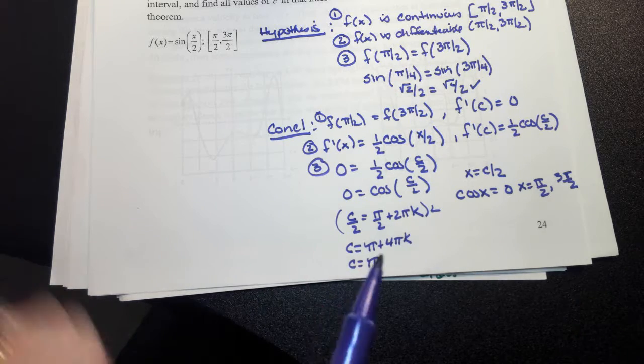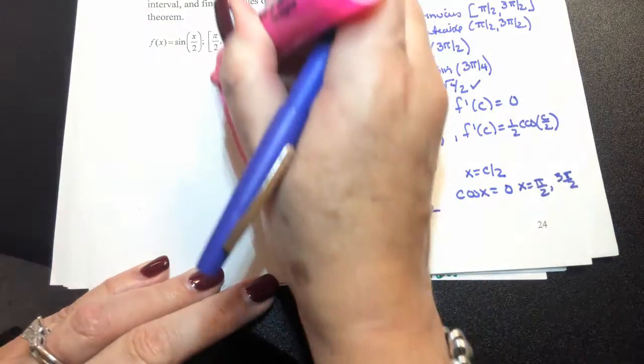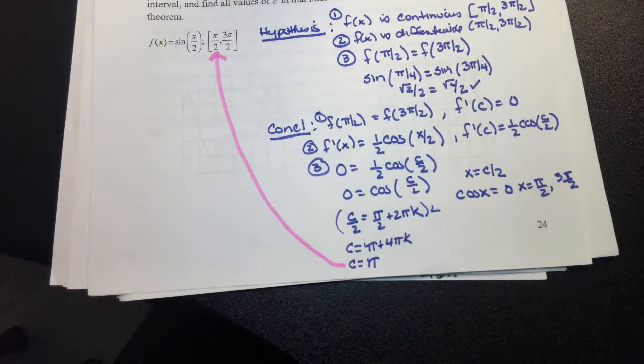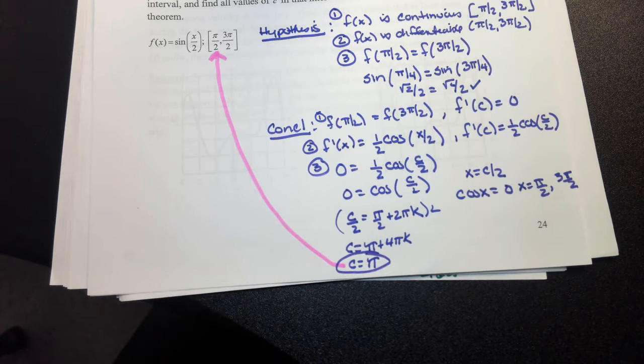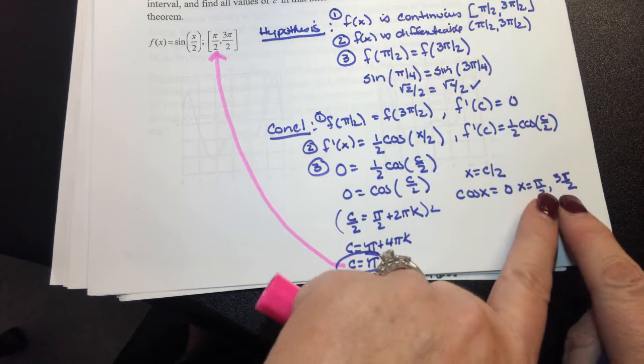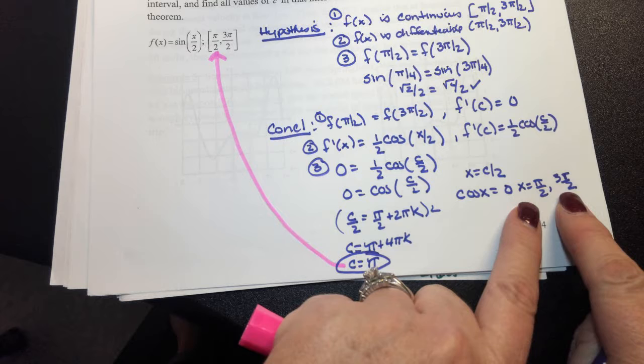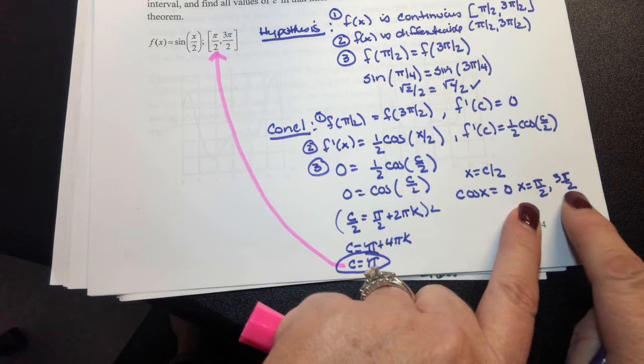Always make sure that this c value falls in the interval that's given. So is pi between pi over 2 and 3 pi over 2? Yes, so I know one of my answers is going to be pi. Remember, with these general trig functions, you not only have to check for pi over 2, you have to use the other angle that you found.